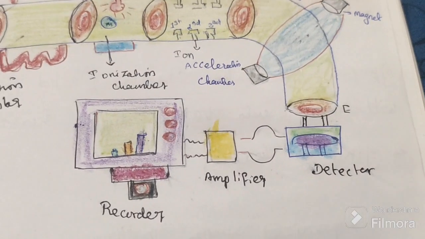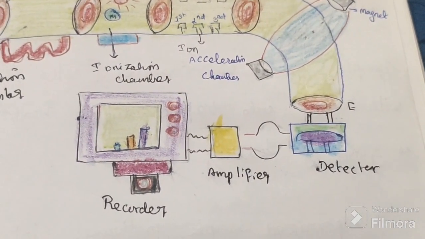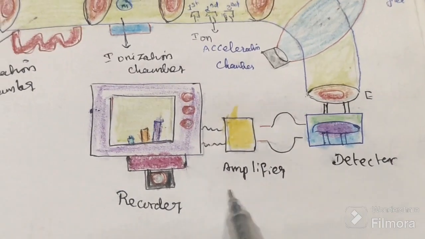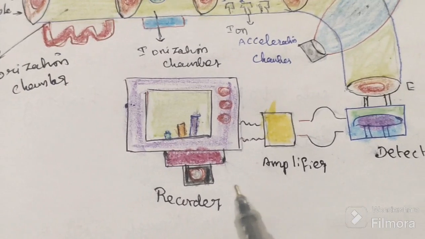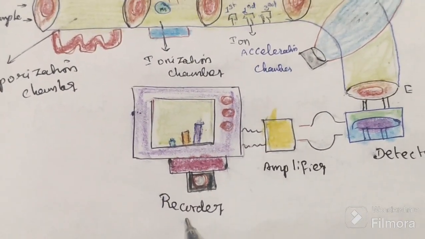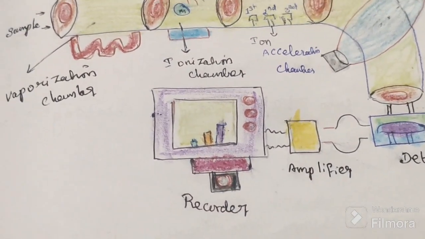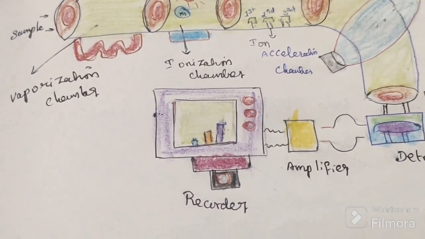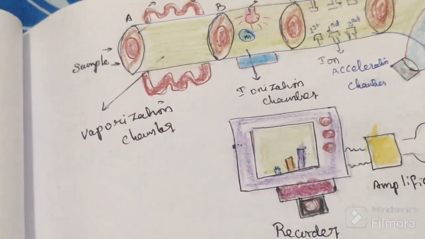Ultimately the signal is transferred to the amplifier, and the amplifier amplifies the signal. Finally it will be recorded in the recorder, and we get the mass spectrum. So this is the complete explanation of mass spectrometry.